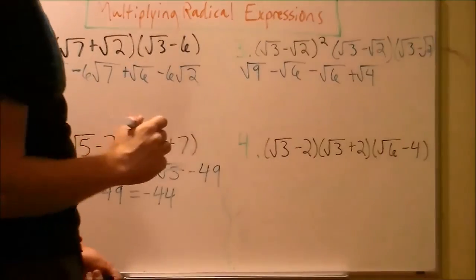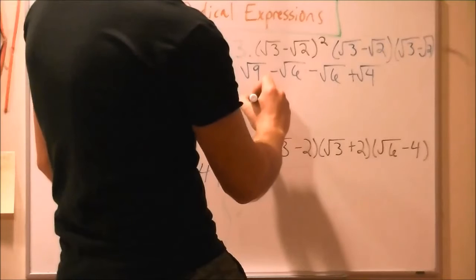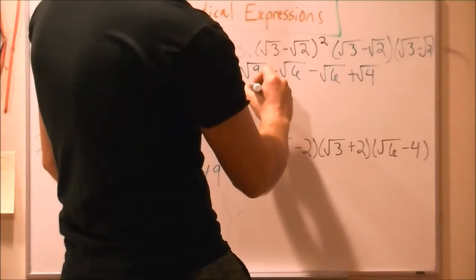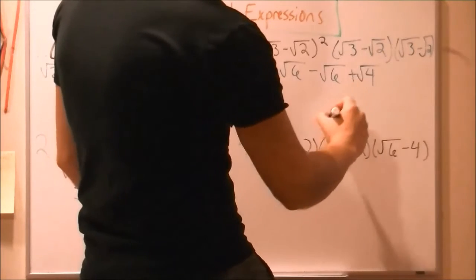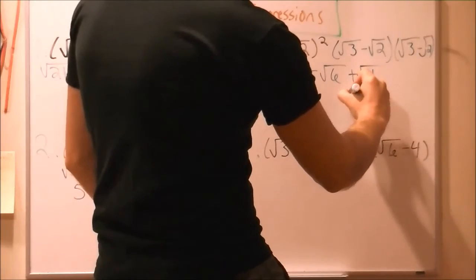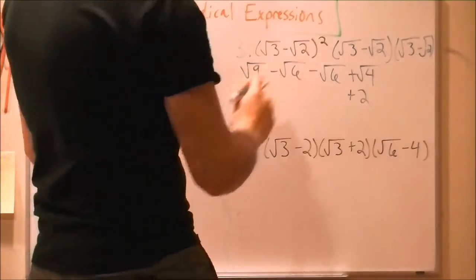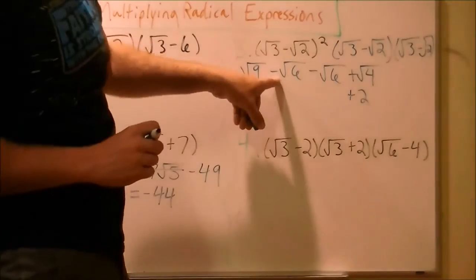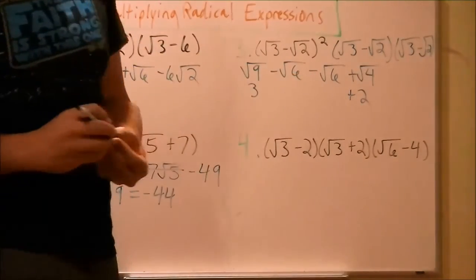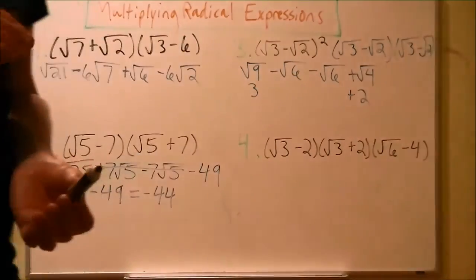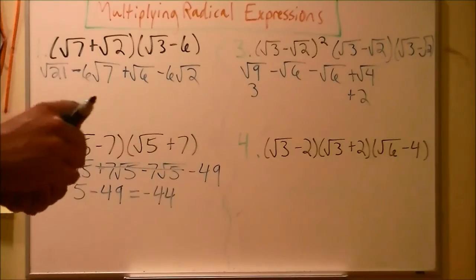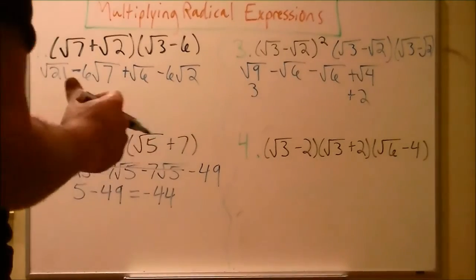So let's combine some like terms here. Square root of 9 is 3. Square root of 4 is plus 2. And what do I do with these two? I have a negative sign in front of that one and a negative sign in front of that one. Do you recall, just like if you're dealing with parentheses, the square roots are very similar in that regard.